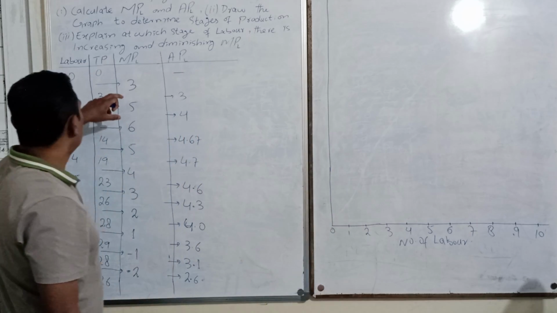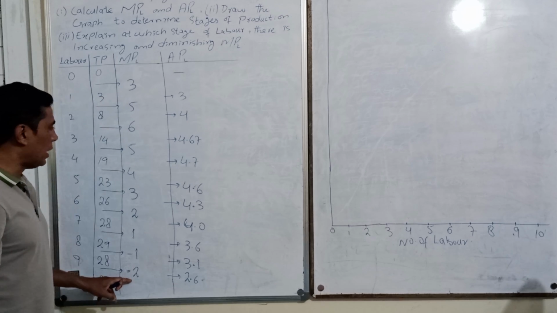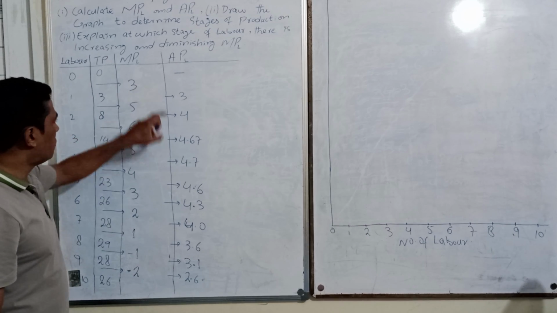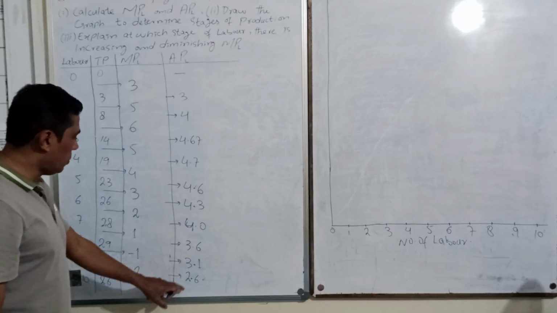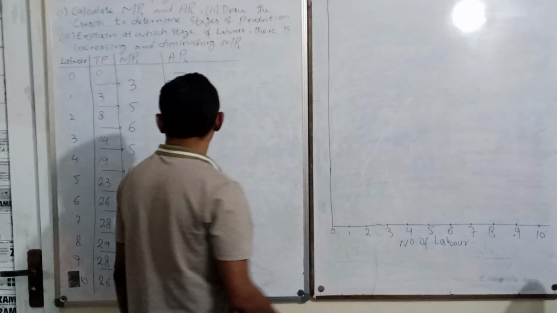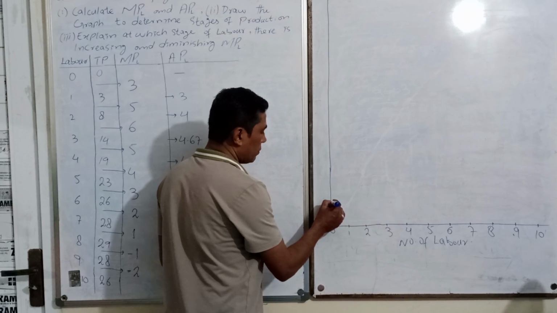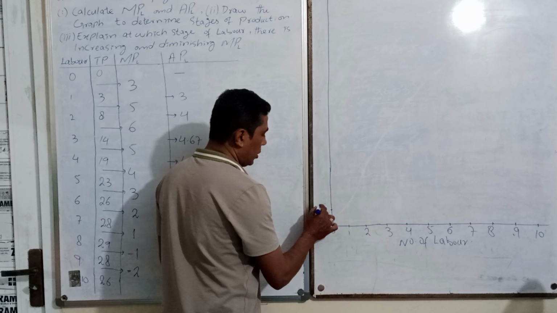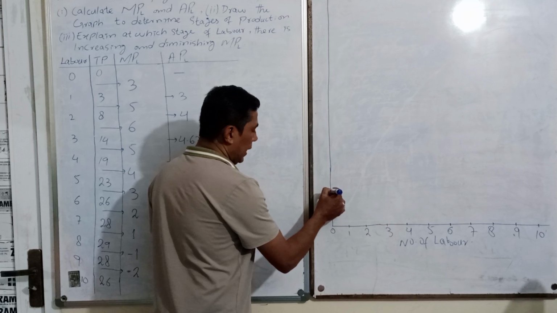Look at these values. Marginal product highest value is 6, lowest value is -2. Average product highest value is 4.7, I think, and the lowest value is 2.6. So now look at these values. We take the distance of 1, 2, 3, 4, and I am going to scale it at 0.5.